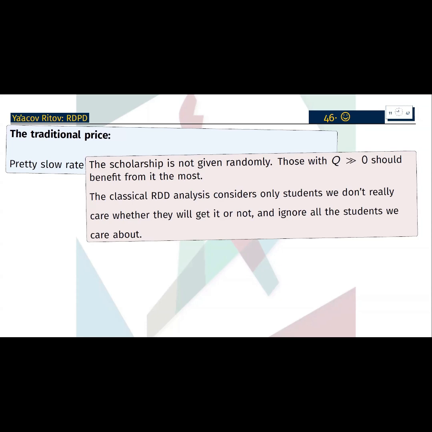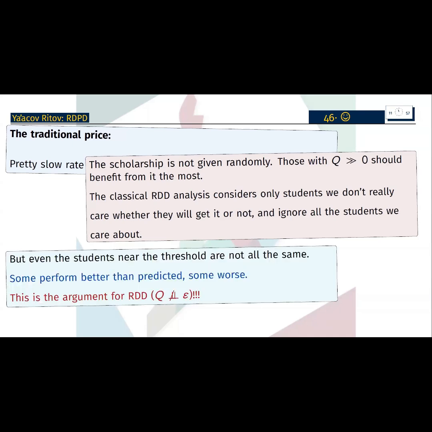So the classical RDD approach is not only slow, it is a slow estimator of an uninteresting value. In fact, even the students near the threshold are not all the same.